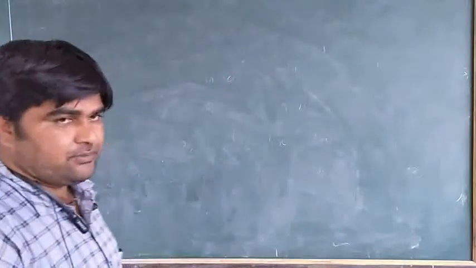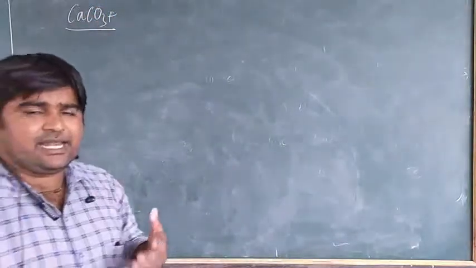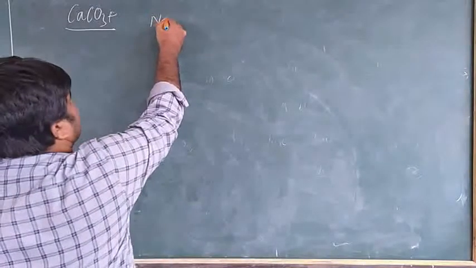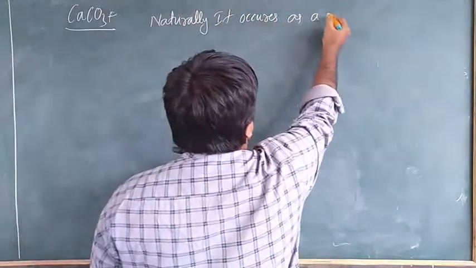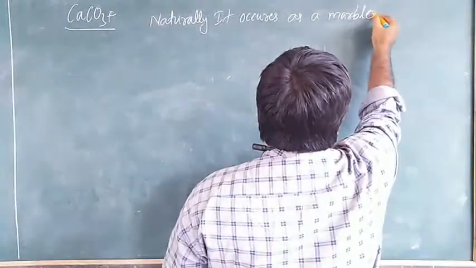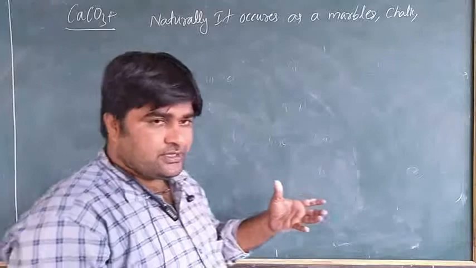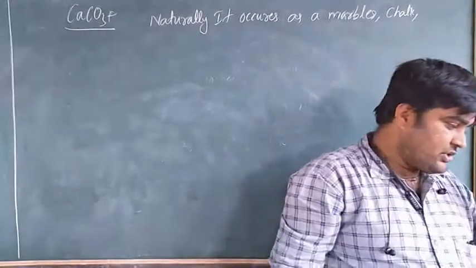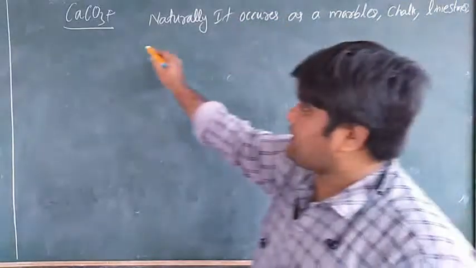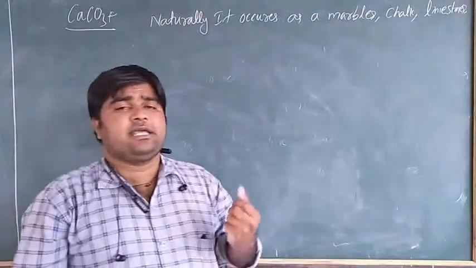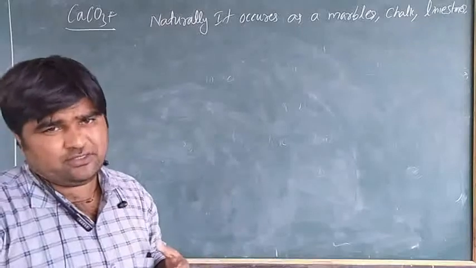Generally, it occurs naturally as marbles, chalk, limestone, and so on. It occurs naturally as marbles, chalk, limestone, etc. So chemically, how can we prepare it?